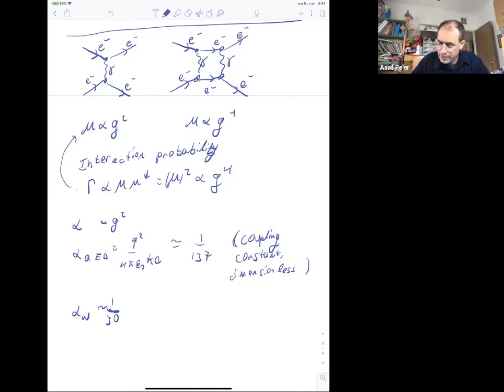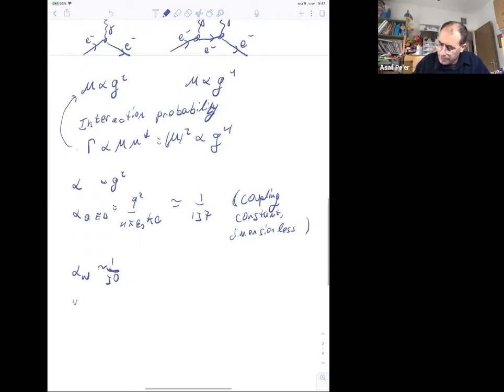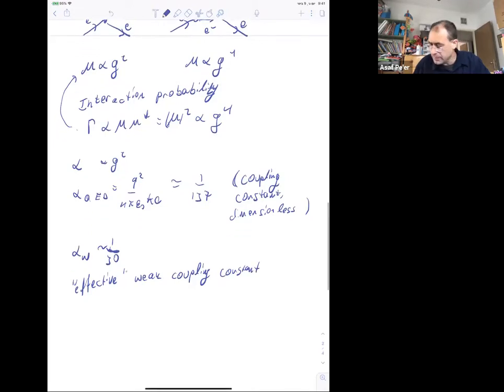So the effective weak coupling constant is much smaller, something like 4 or 5 orders of magnitude smaller, of the order of 10 to the minus 7 to 10 to the minus 6 or so. So it is indeed very weak.